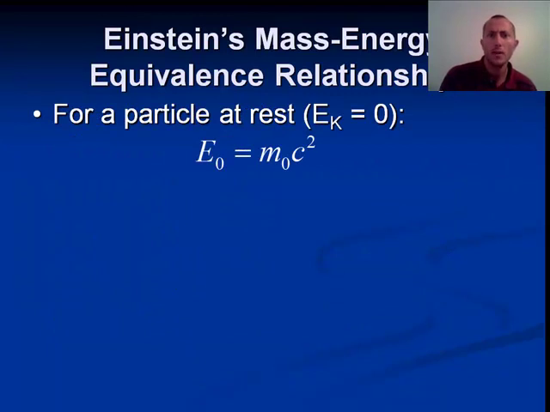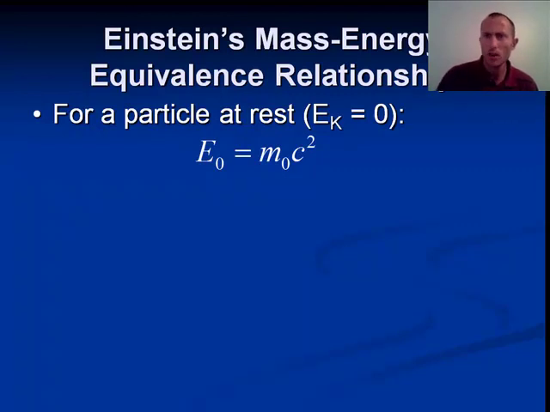For a particle at rest, the energy within that mass is mc squared. What this means is that a unit of energy can be considered a unit of mass. In a lot of tables of physical constants, you'll see a particle's mass given in kilograms, unified atomic mass units, and mega electron volts.